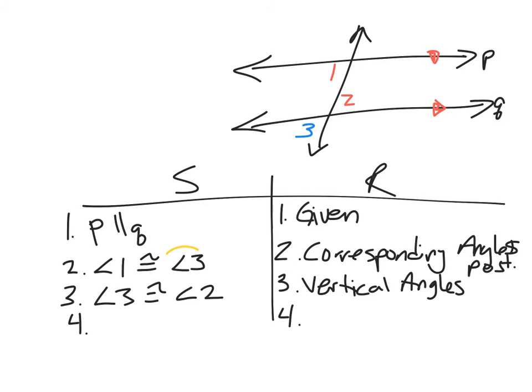Now look here. I have a 3 here and a 3 here. So I can say angle 1 is congruent to angle 2. And what did I do? Substitute. Didn't substitute. It's the other one. Transitive. Very good.